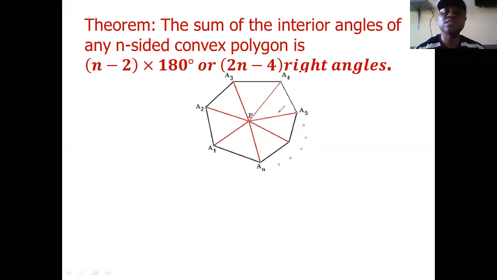What we're trying to say is that the sum of all the interior angles, up to n number of sides, n can be 200, n can be 300, whatever is the value of n, is given by n minus 2 times 180 degrees.